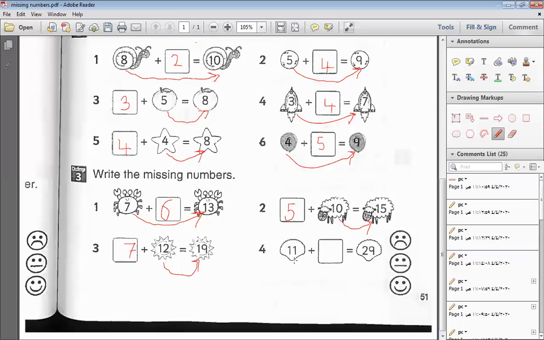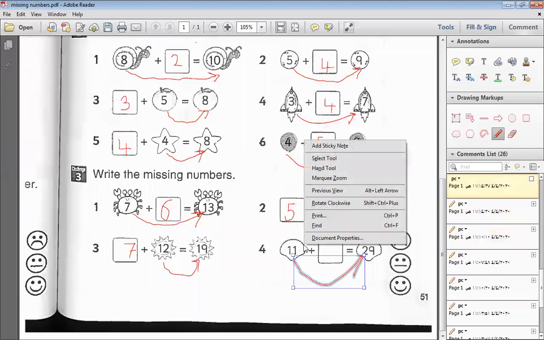Okay, here, 11 and 29. I will count from the 11 till the 29. After the 11, 12, 13, 14, 15, 16, 17, 18, 19, 20. Oh, this will be easier on the number line. So number 4, please, you have to delete it.